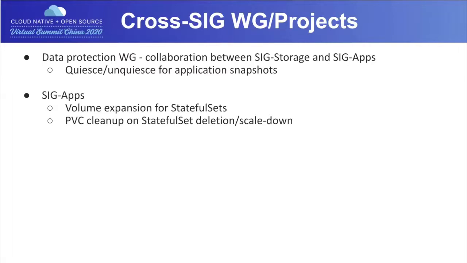One feature the data protection working group has been working on is how to quiesce an application before taking a snapshot and unquiesce afterwards. We initially proposed an execution hook CRD approach, which requires an external controller to run commands through the pod exec sub-resource.